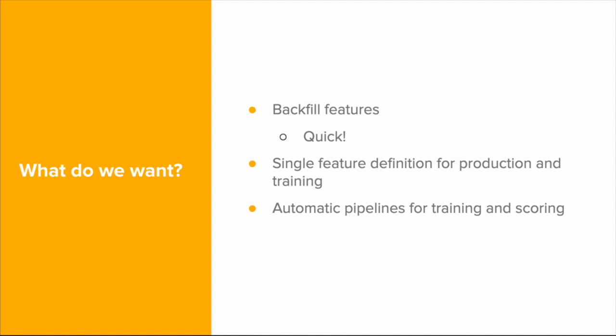That backfill should be relatively fast, so that if I, as an ML practitioner, have a new feature idea, I can define it, test it, and deploy it all relatively quickly, and be confident that this will work in production. Furthermore, we want the system to handle the actual glue code, that annoying work of hooking up all these data pipelines and making them work in production. We really want the system to handle that so that our developers feel efficient and feel like they're solving the problem they want to solve and not just writing a bunch of orchestration around it.